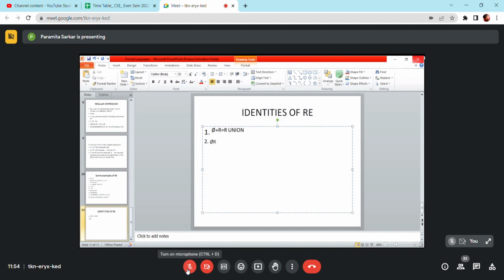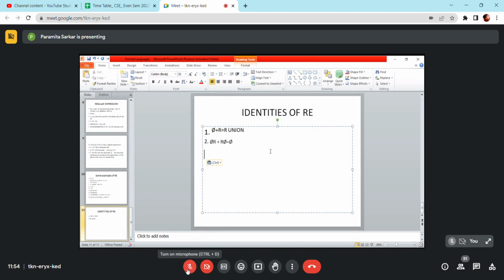So phi r plus r phi means the union of these two concatenations. Taking the union of the concatenations phi r and r phi gives an empty set phi.